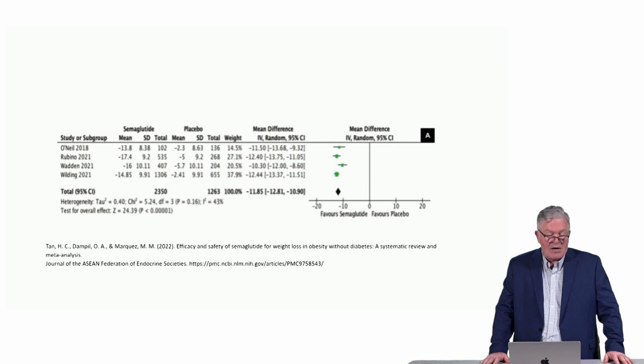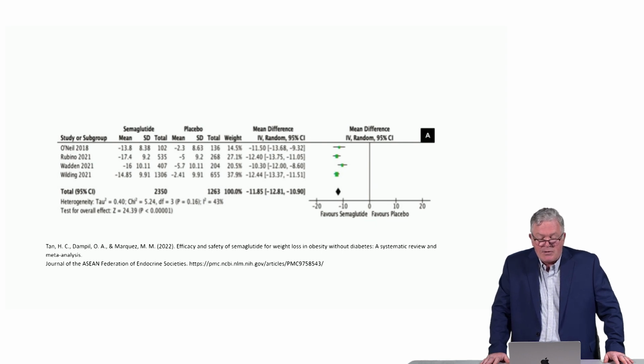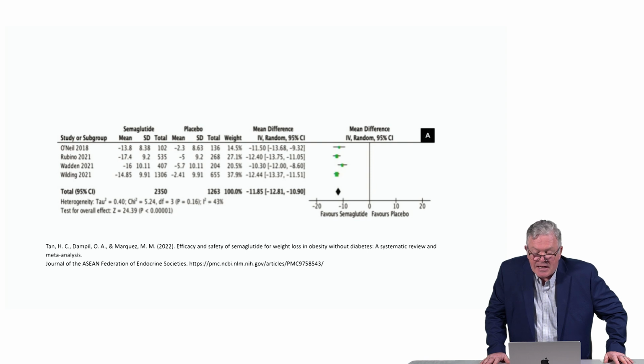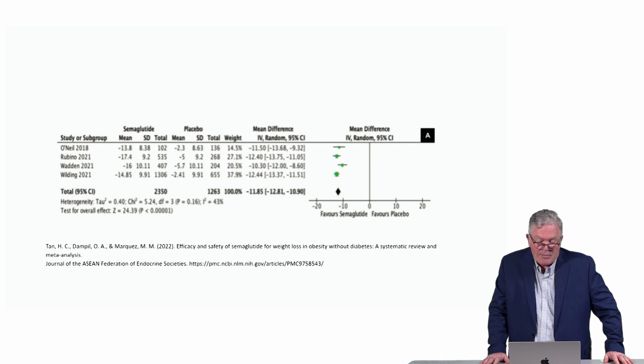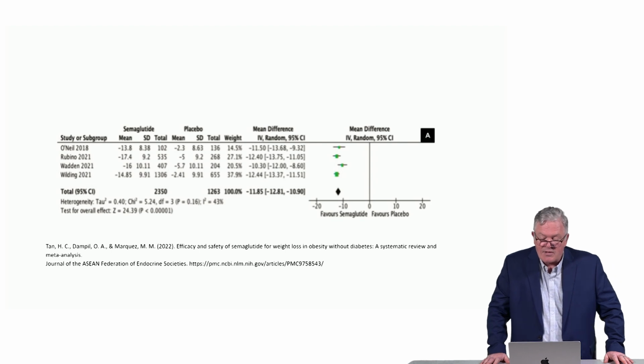And here we see Ozempic, the semaglutide. Does it work for weight loss in obesity without diabetes? And as you see here, it does. It works. We're looking at a 0 showing no difference, and then a line, to the left of that line favors semaglutide and the other side favors placebo.